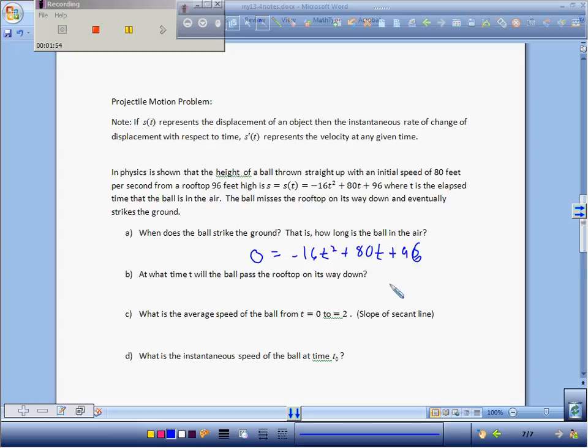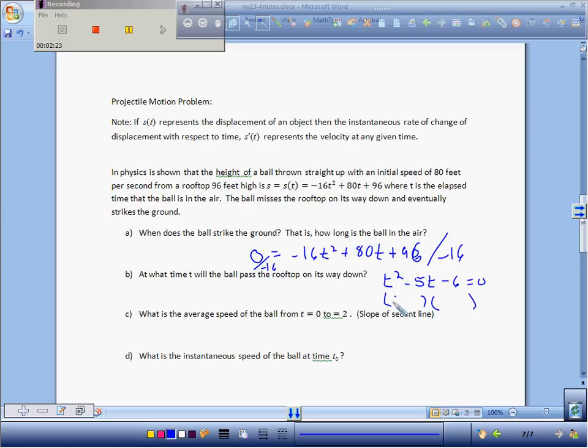If I divide both sides by negative 16, because I'm allowed to do that, I get t squared minus 5t minus 6 equals 0, which is very convenient because that factors.